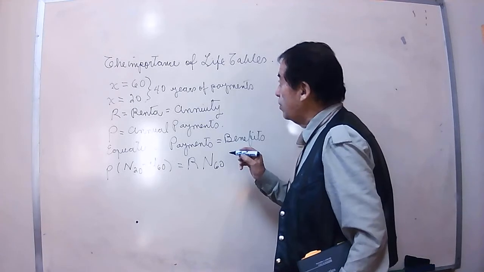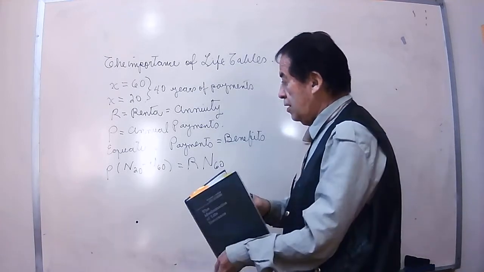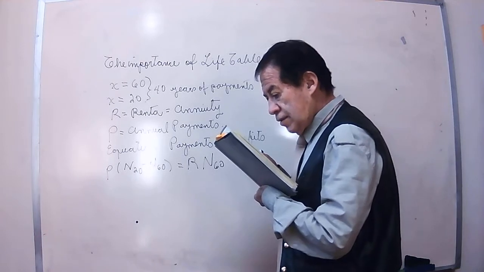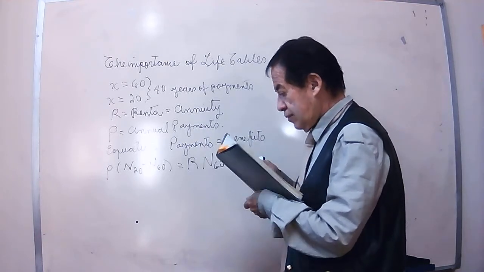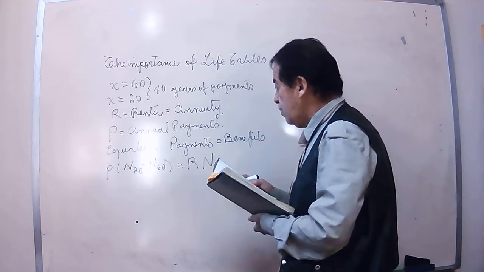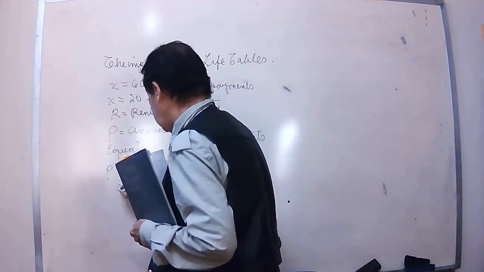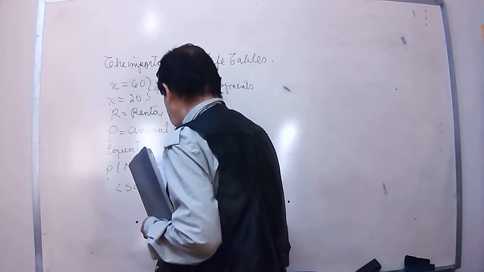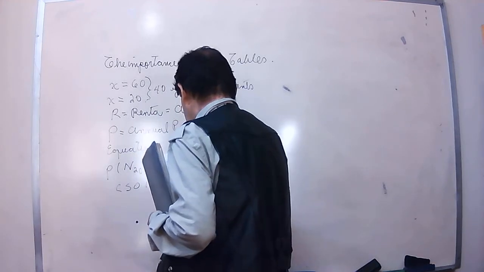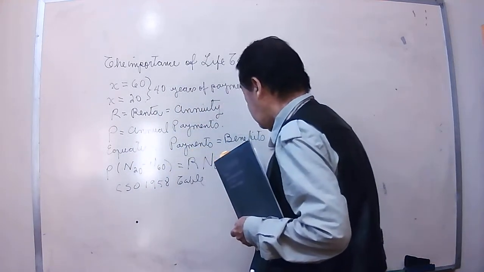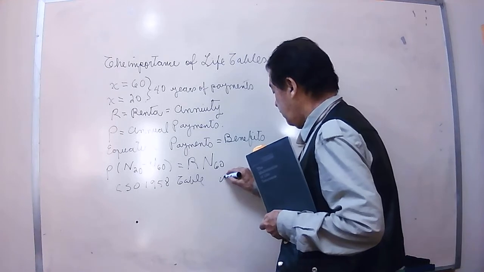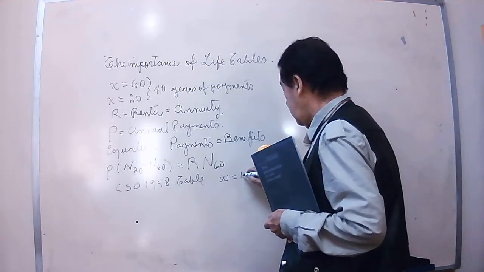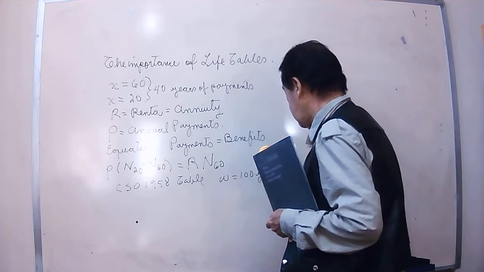Okay, now we're going to use two different tables. One of the tables is going to be the CSO 1958 table. This is a table where the last age is 100 years.